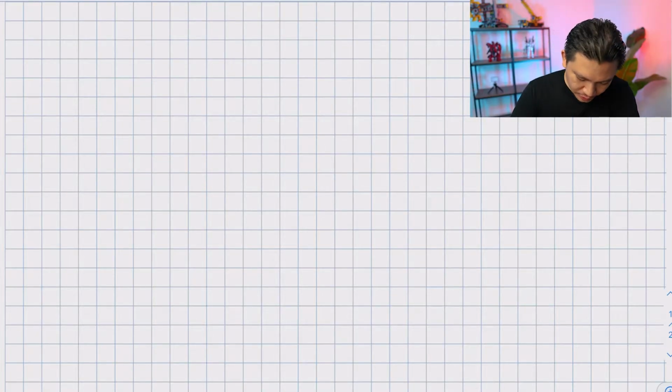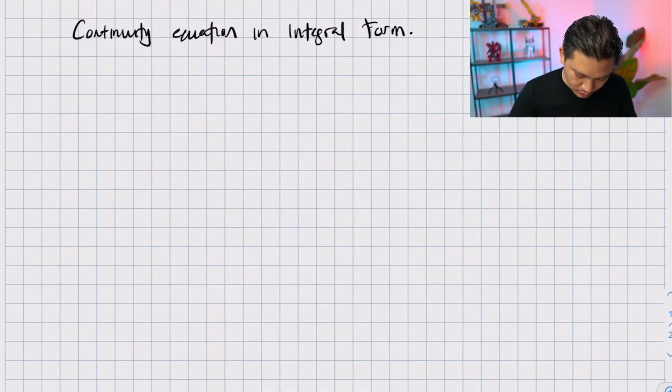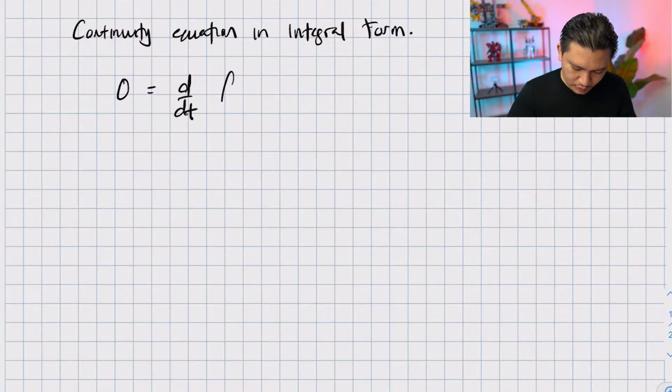So this is the continuity equation in integral form, and it looks something like this. 0 equals d over dt of the integration over the control volume of rho dV, plus the integration over the control surface of rho V dot n dA.